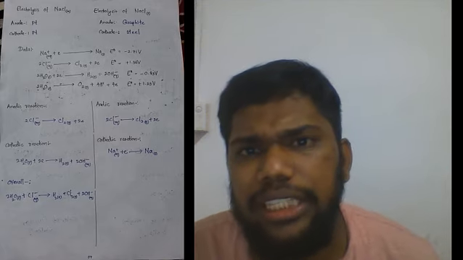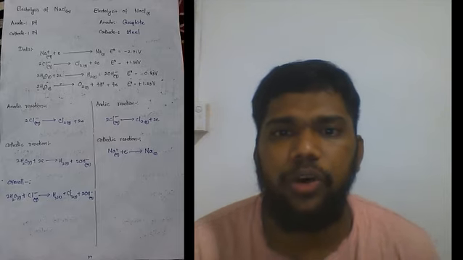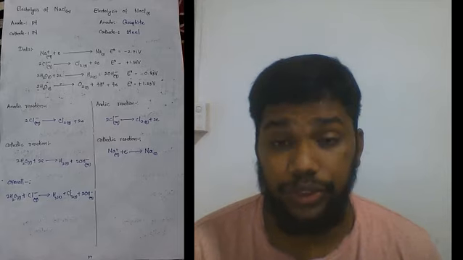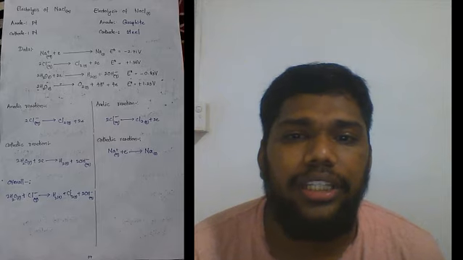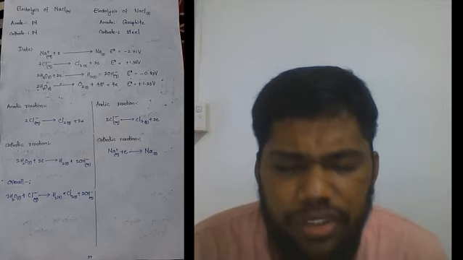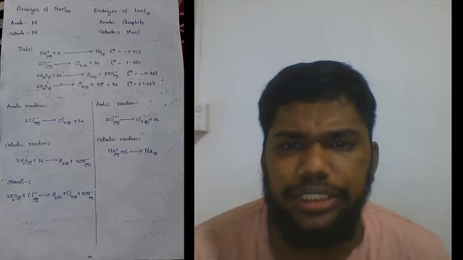But when you come to NaCl liquid, you don't have either H plus or OH minus, so Cl minus will be oxidized to Cl2, and Na plus will be reduced to Na solid. According to that, try to write the overall reaction here. You need to balance the reactions and add the two reactions.